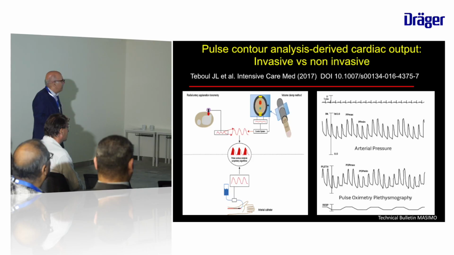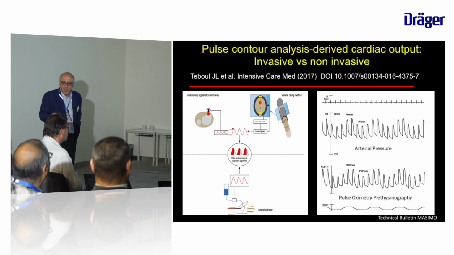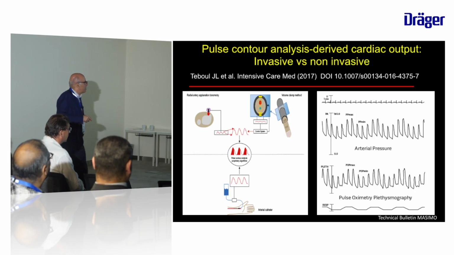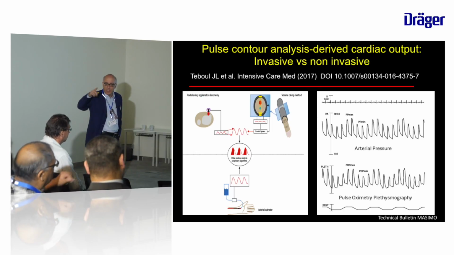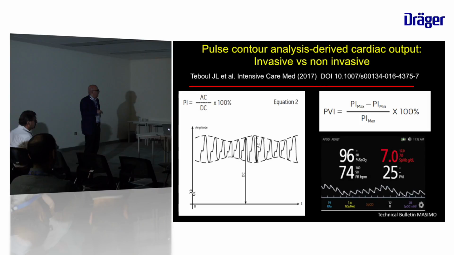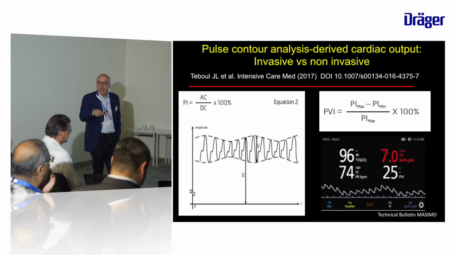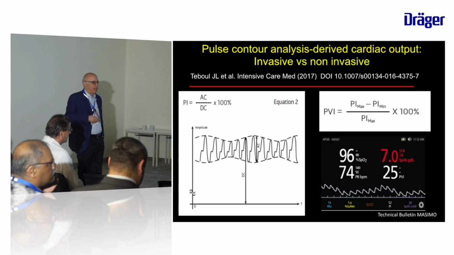Now there are other methods, for example non-invasive methods on the finger, which are the plethysmographic methods. And you see here, this is coming from the oxygen saturation curve, but these methods use different parameters very similar to this, coming non-invasively from the plethysmographic signal.